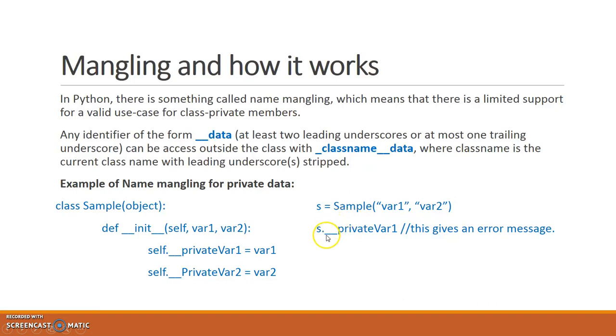If you try to access this private var1 like this, it gives an error. To access this data, you need to follow the convention _classname__data, so here it is s._Sample__private_var1. This is name mangling. So let's see the working of all those examples of private, protected and public data in Python.